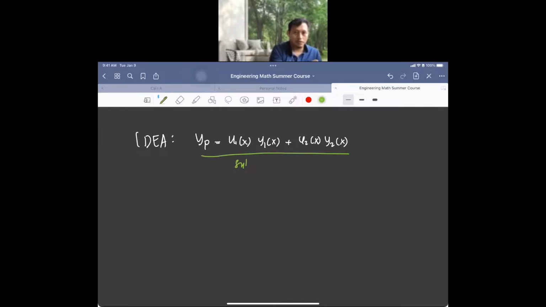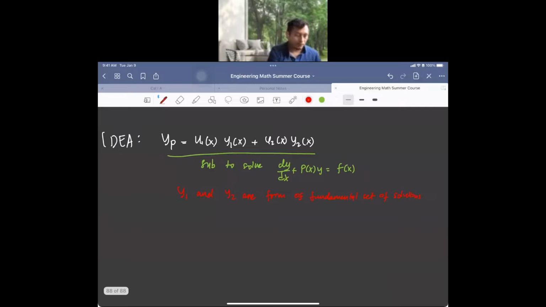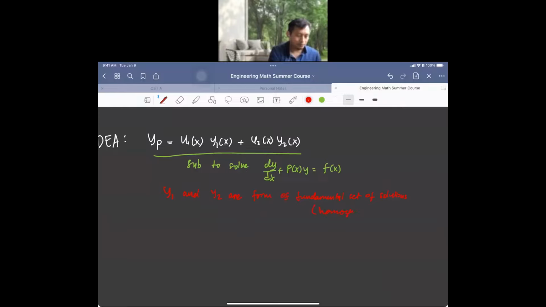The idea is we are going to substitute this to solve dy/dx equal or plus p(x) y equal function of x, and y1 and y2 form a fundamental set of solutions, so it means the homogeneous form.